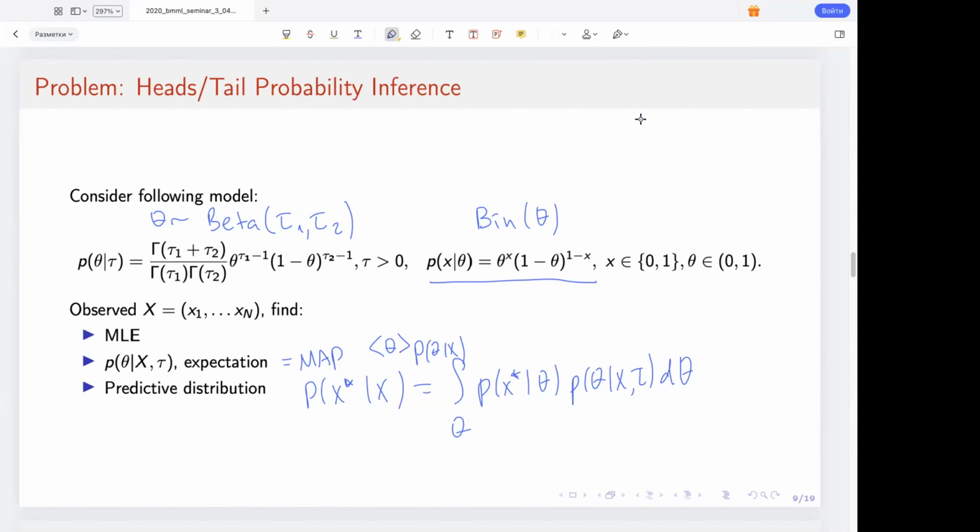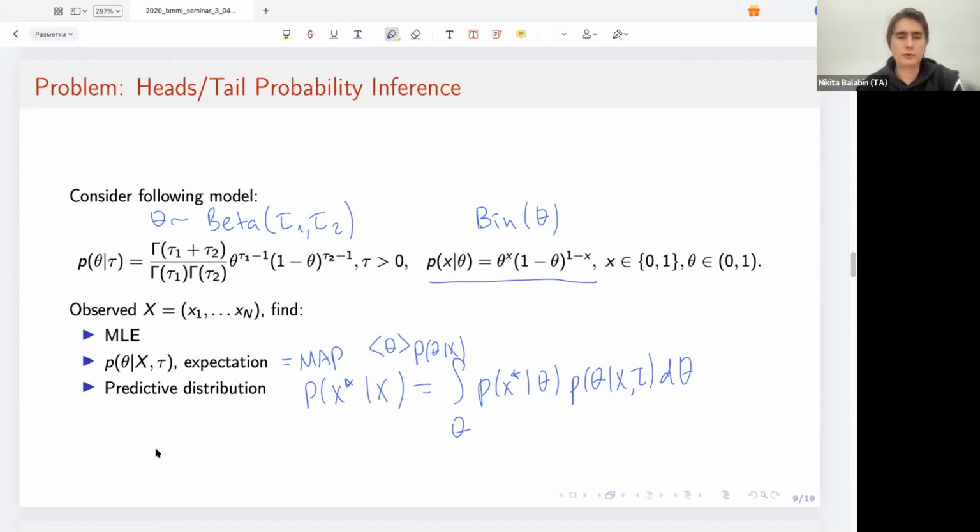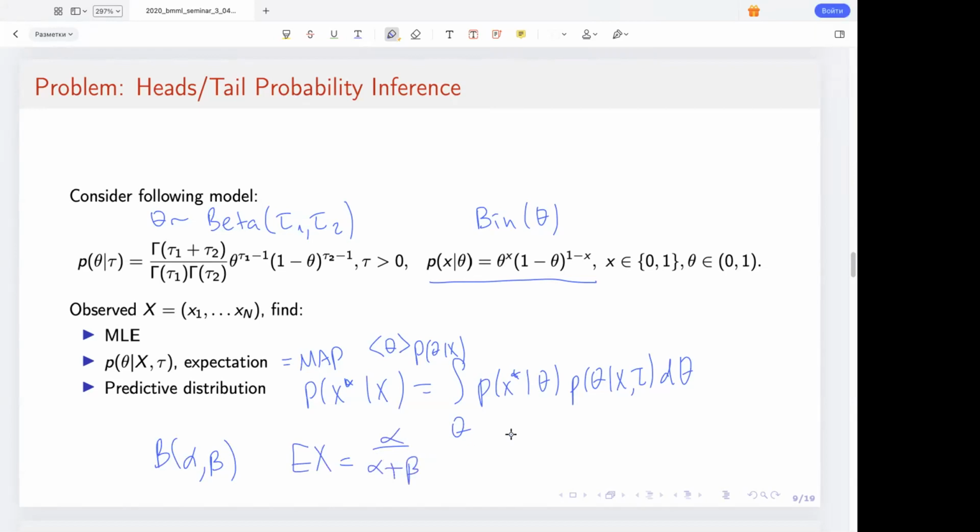And what is the mean of this beta distribution? For beta with such parameters, the expectation is this. Thank you.